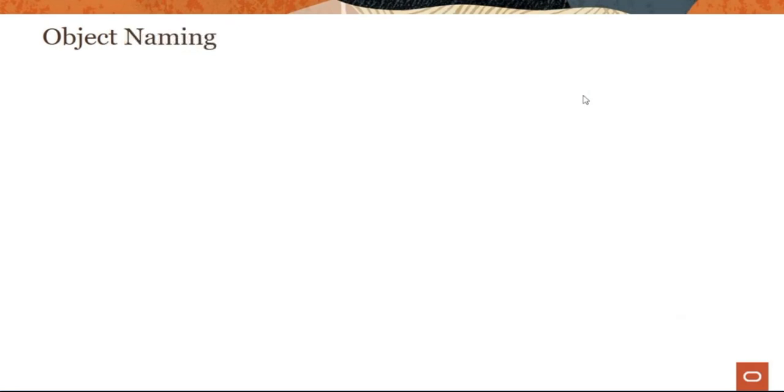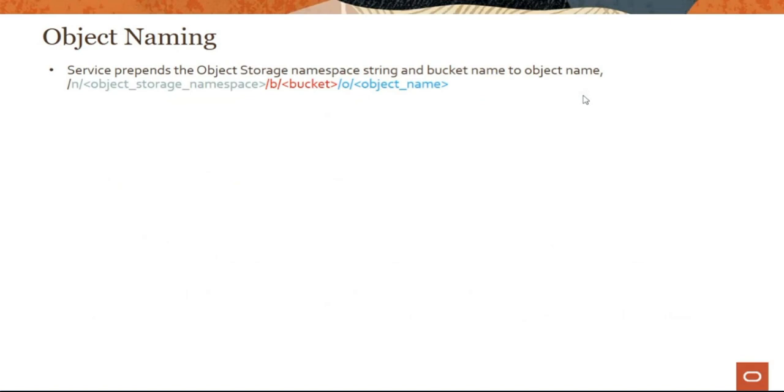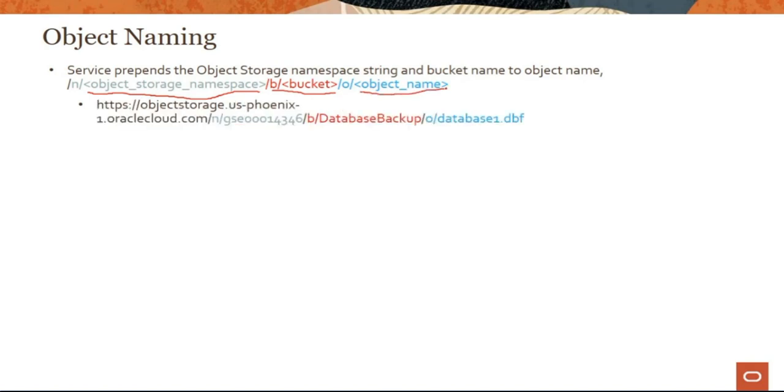So how do you name the objects? The service prepends the object storage namespace string and the bucket name to the object name. So if you see right here, this is my namespace, which comes from my tenancy. This is my bucket name, and this is my object name, right? So this is how the service creates the object naming. So let's say you have an object, database.dbf, looks like a database backup file.